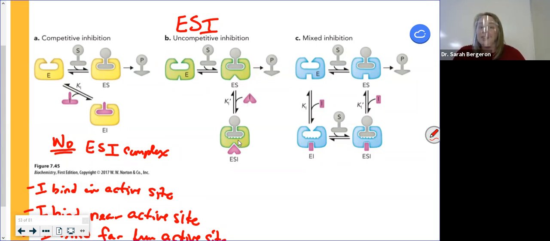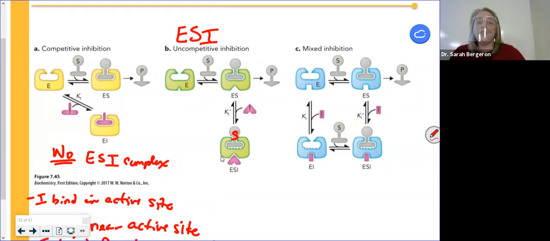So the inhibitor binds, now through allosteric propagated changes, something changes in the enzymatic pocket, and we can no longer make product. But the substrate can still bind. Okay? So just because you know where the inhibitor binds does not mean that you know which one it is. You have to know, can it be bound alone or can it be bound in a complex with the substrate? That's what will tell you competitive versus uncompetitive, right?